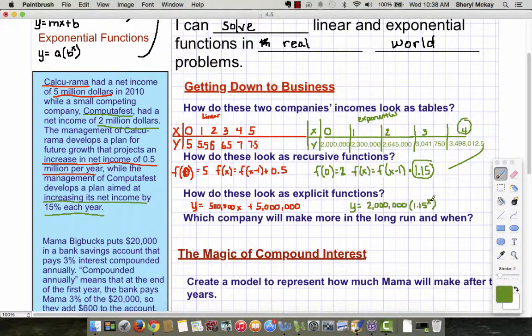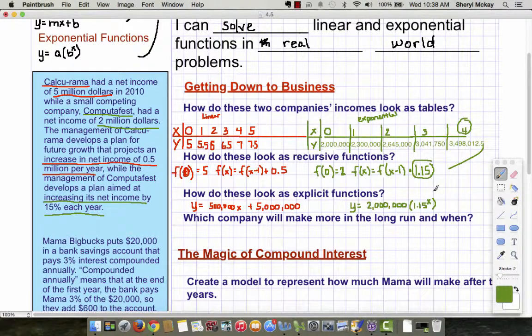And then the next exponent would be 2, so I'm going to multiply by 1.15, and I'm going to multiply by 1.15 again, and that means I'll get 2,645,000. So that's my explicit function, all right?